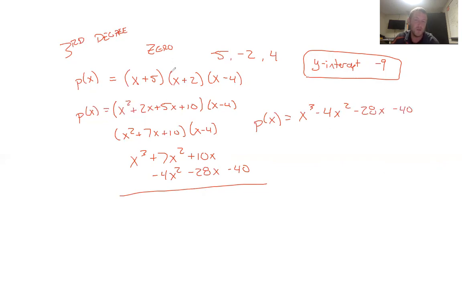However, this would be a polynomial of third degree with just these zeros. But now we want the y-intercept to be negative 9. Okay. Well, think about y-intercept. We want a y-intercept of negative 9. So how do I get a y-intercept? I know x is equal to 0.